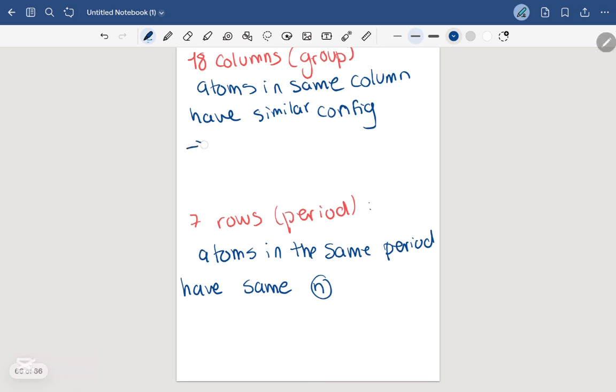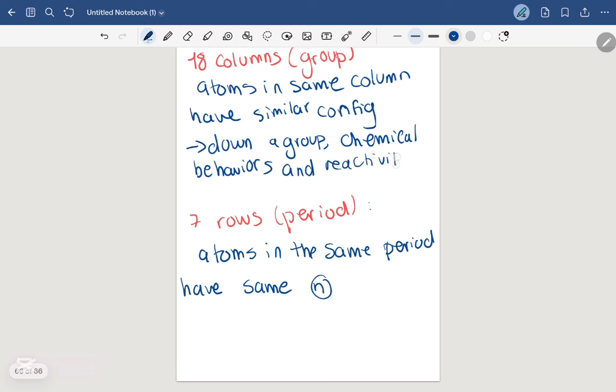So we can add that down a group, chemical behaviors and reactivity are similar.